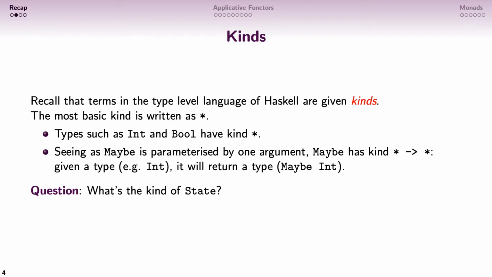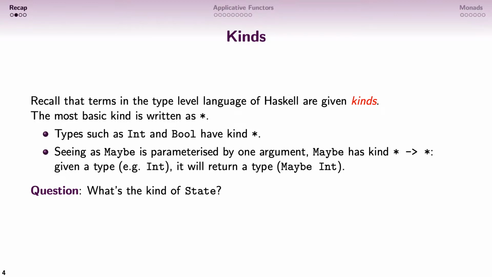So its kind would also be star because they're both types that can have values. And so therefore State overall is of kind star to star to star, which is its ultimate return type. So star to star to star would be the kind of State.